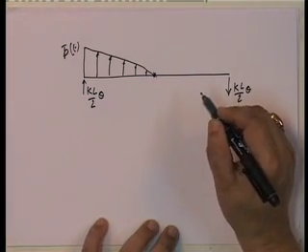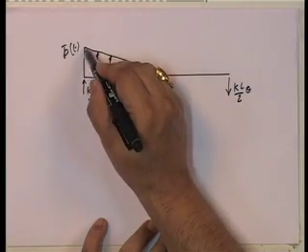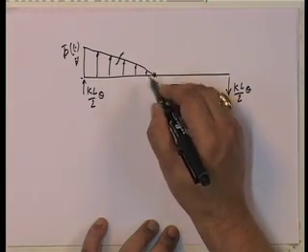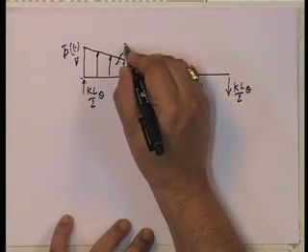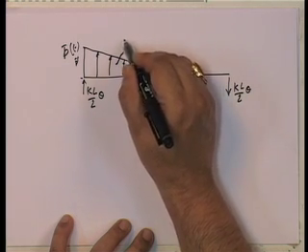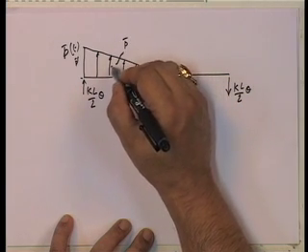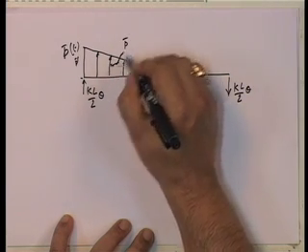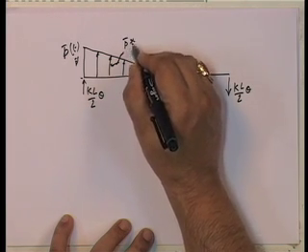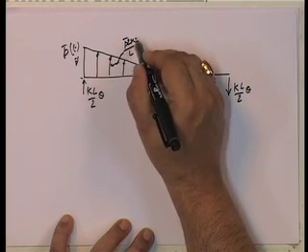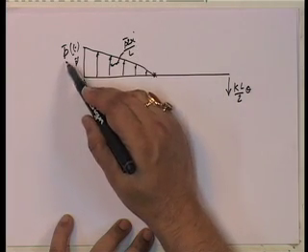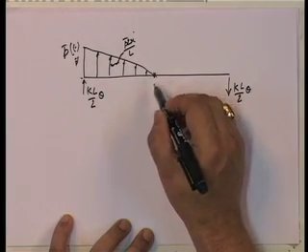At any point the intensity is given by p bar into 2x upon L. Look at it, because if you put x equal to L by 2, this becomes p bar.